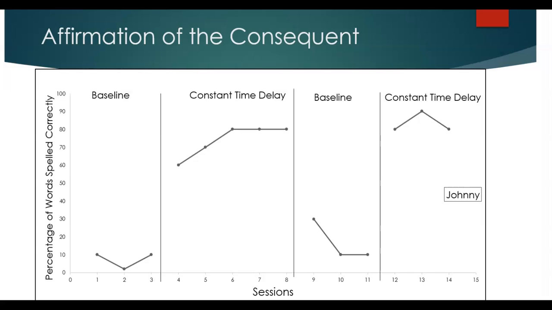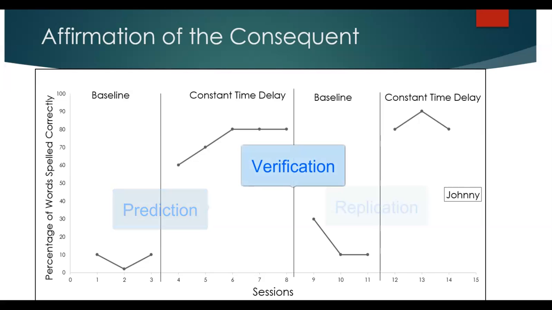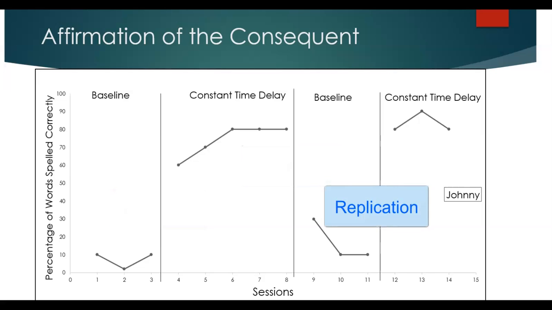Finally, our replication occurs when the second phase or condition of constant time delay is put into place, and we see a similar response pattern as in the previous intervention condition. So this is what we call the affirmation of the consequent, where we have prediction, verification, and replication.